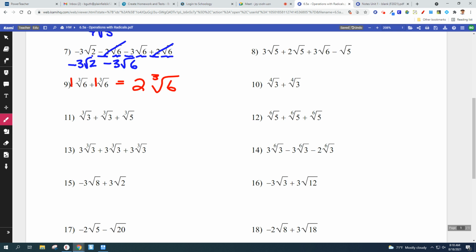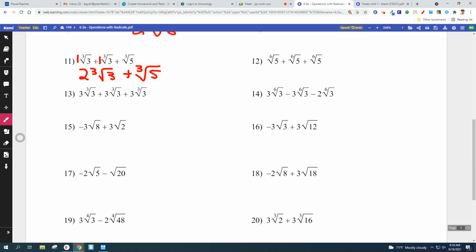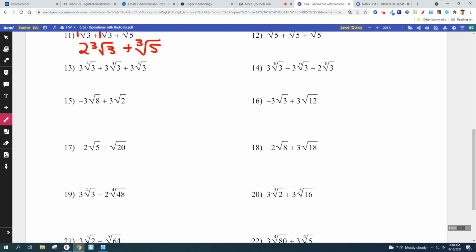Next one, looks like we can add these two and get 2 of those things. But then this one's different. Number 13, we've got 3 of those things plus 3 more of those things plus 3 more of those things equals 9 of those things.